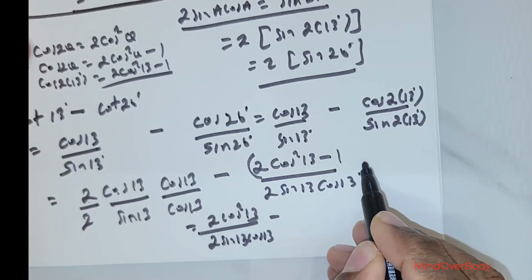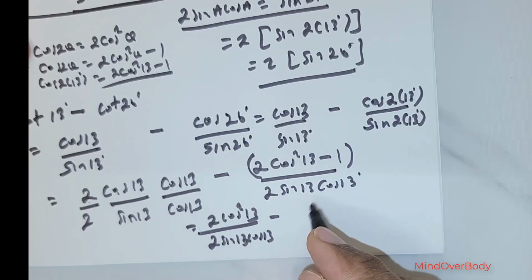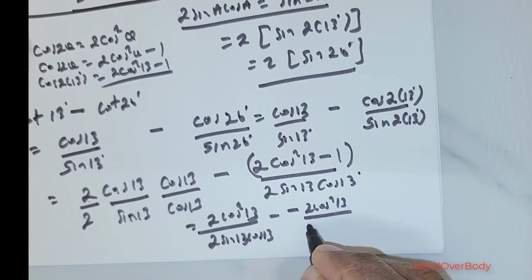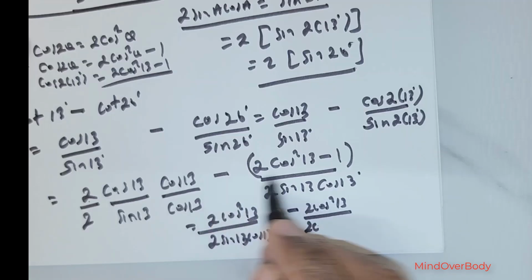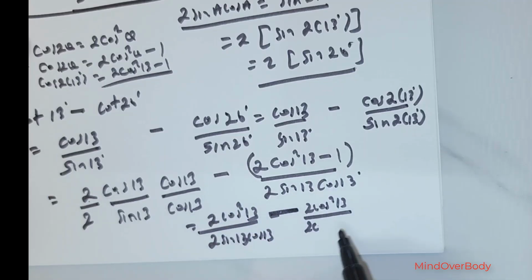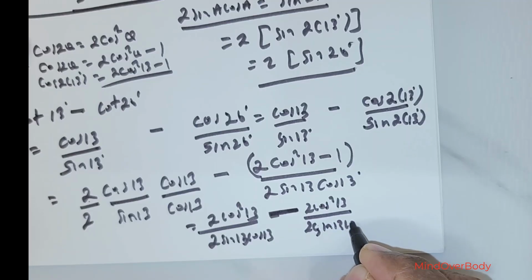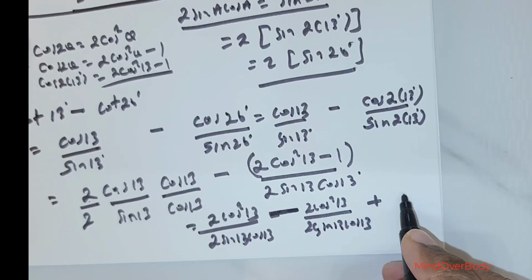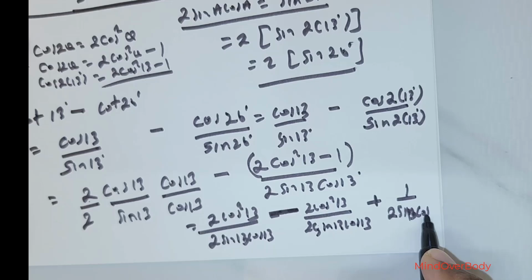This entire thing is in parenthesis, so I'm going to split it as 2 cos squared 13 divided by 2 sin 13 cos 13, and the negative sign is distributed, so I have positive 1 over 2 sin 13 cos 13.